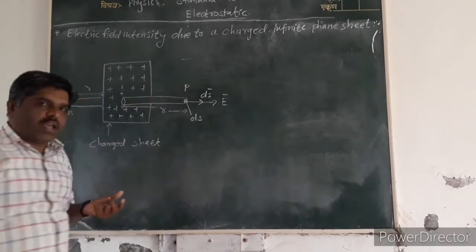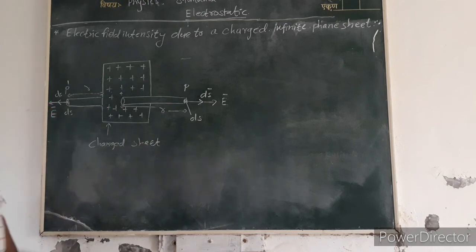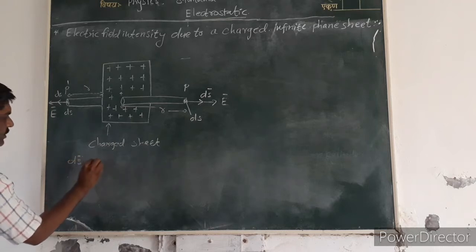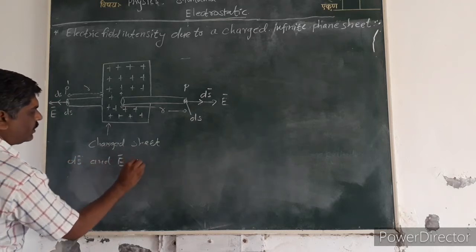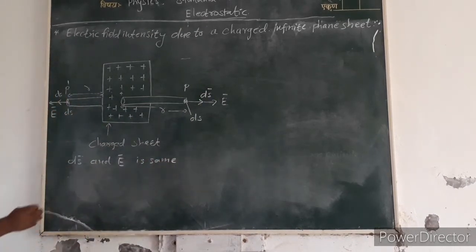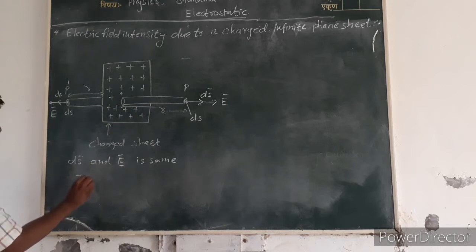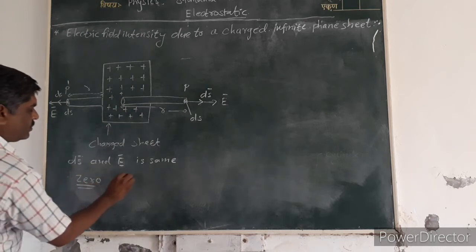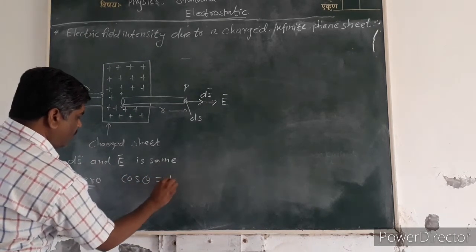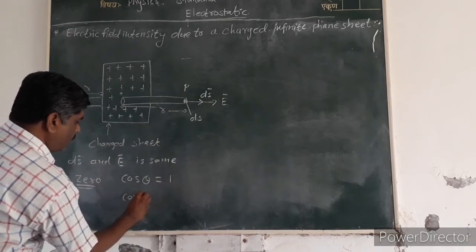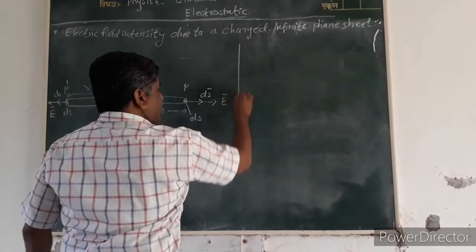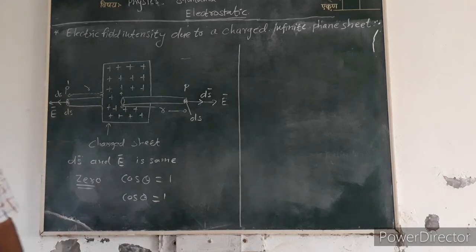At point P and at point P dash, the direction of ds and E bar is same. Hence, the angle between them is 0. That is, cos theta is equal to 1, or cos 0 is equal to 1.